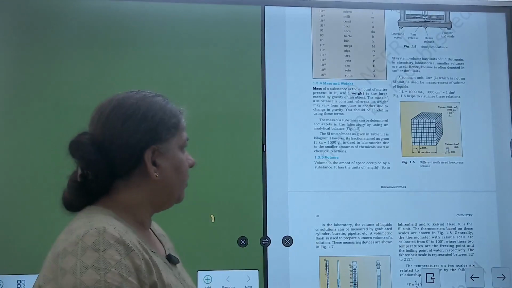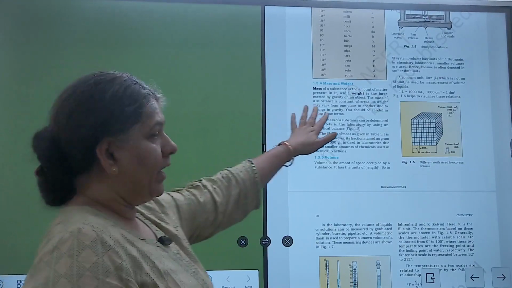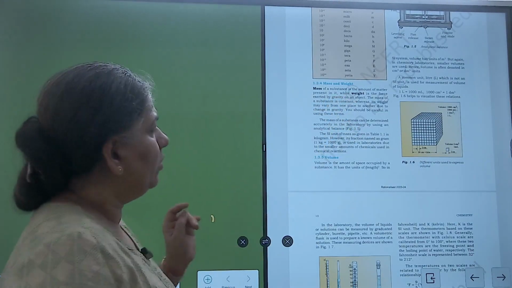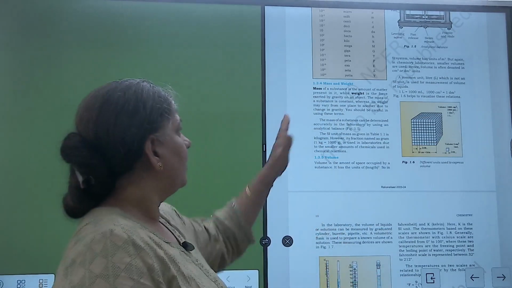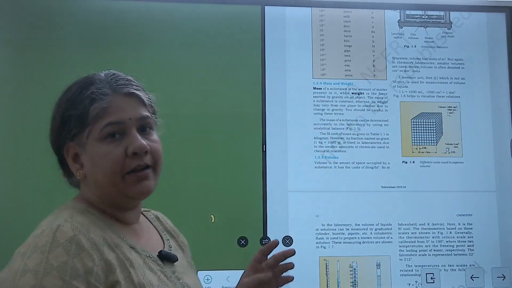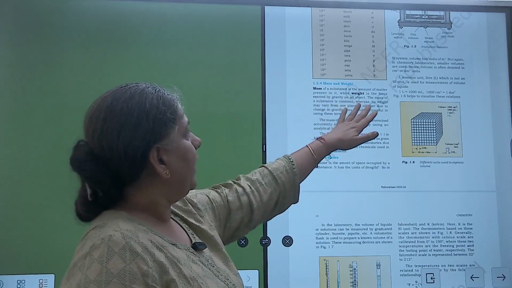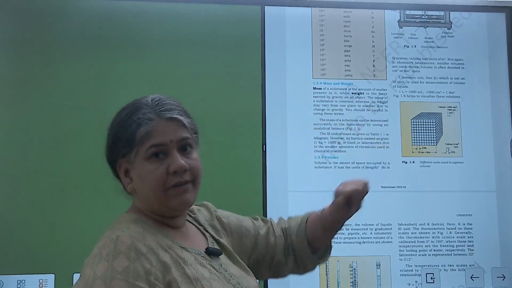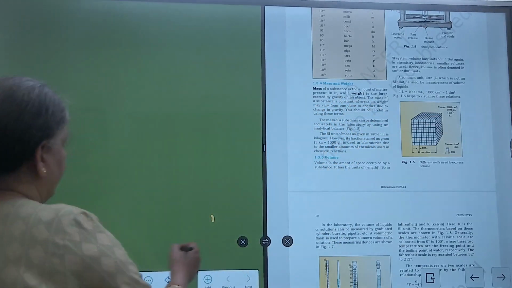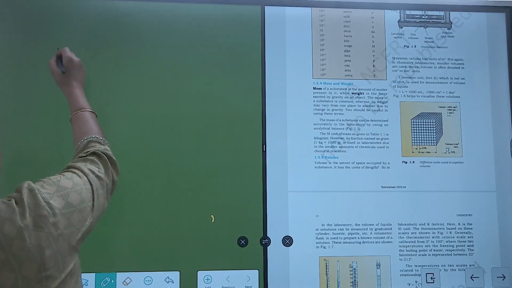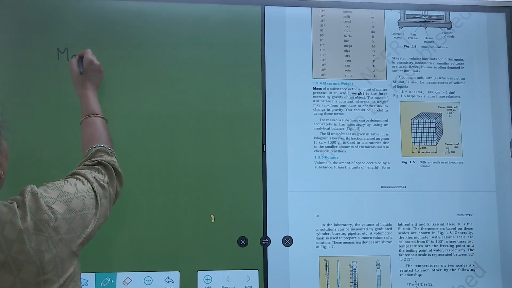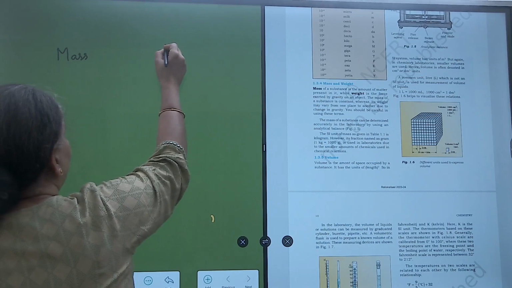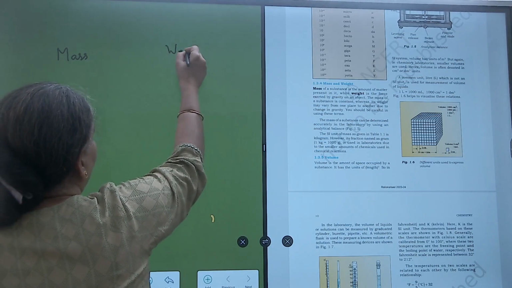Let's see the difference between mass and weight. This is also part of your lower classes. Mass is the amount of matter that is present and weight is the force exerted by gravity on the object. So what are the points of difference between mass and weight?